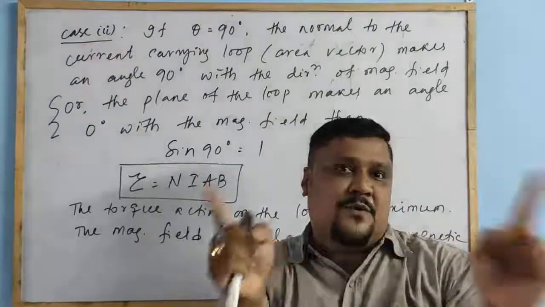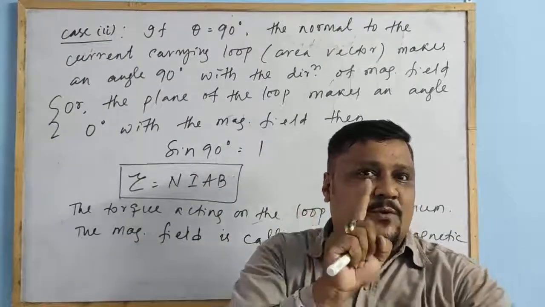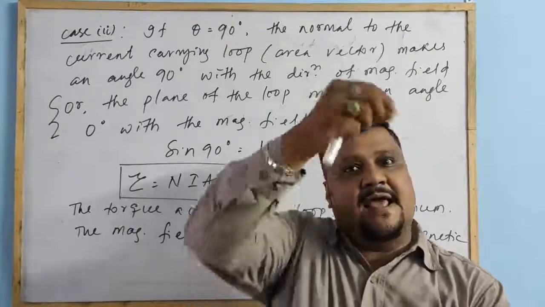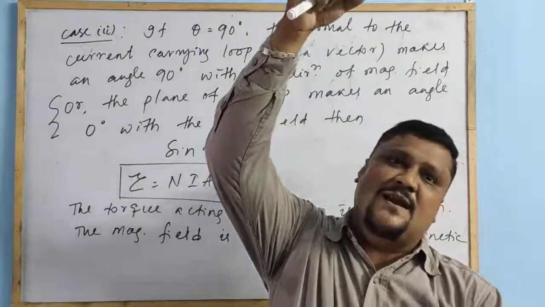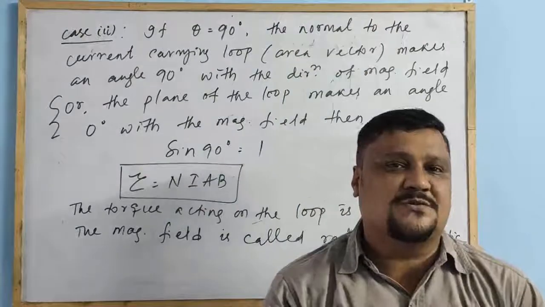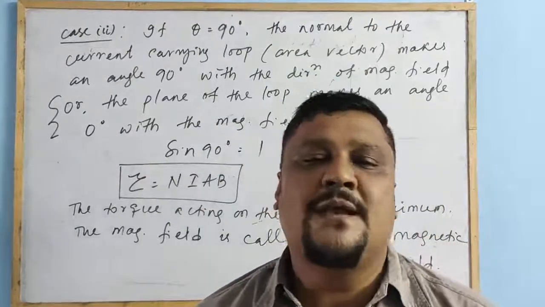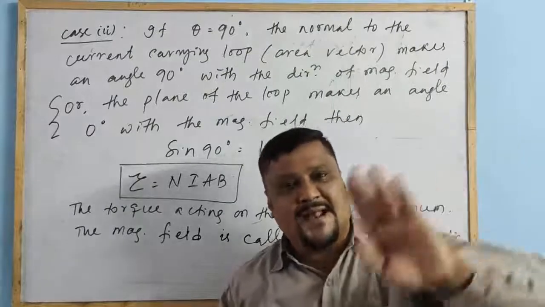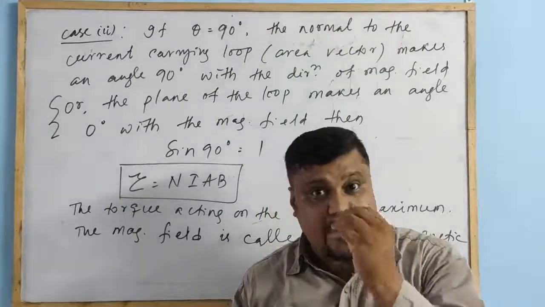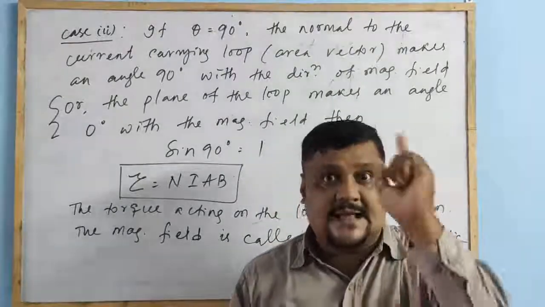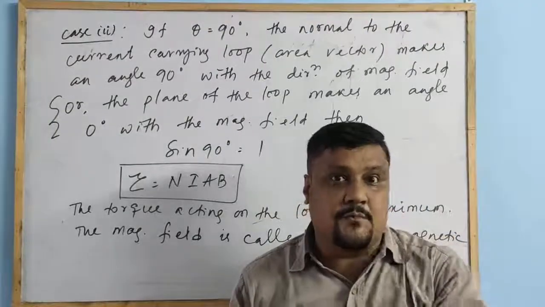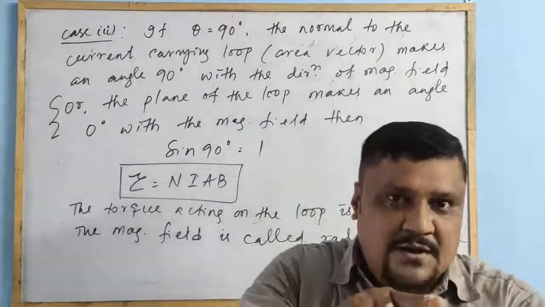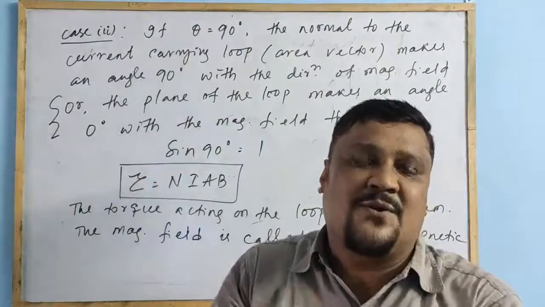F3 and F4 are equal in magnitude and opposite in direction. So the net force on the loop will be 0. So for a current carrying loop placed in a uniform magnetic field, the net force on the loop is 0, but the torque may or may not be 0.